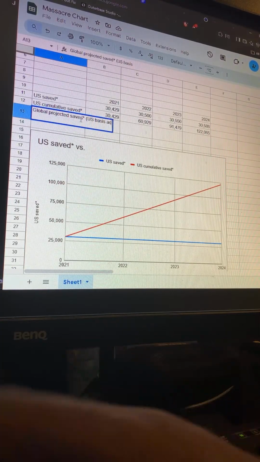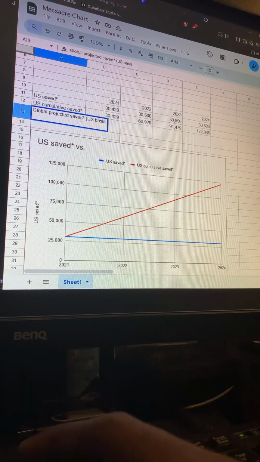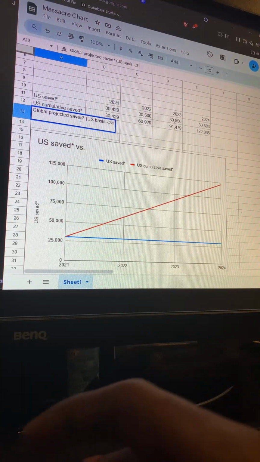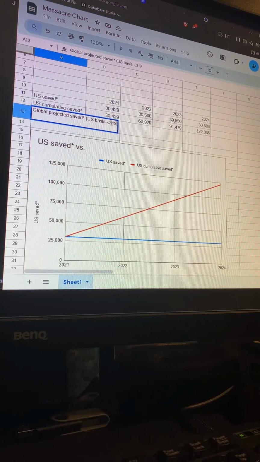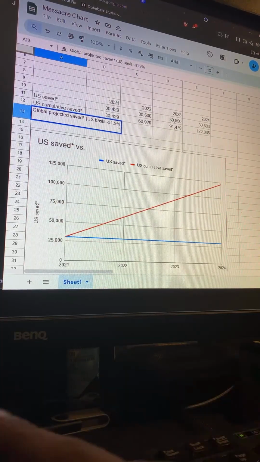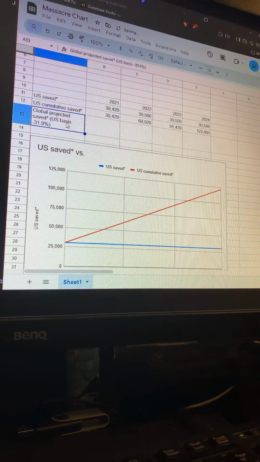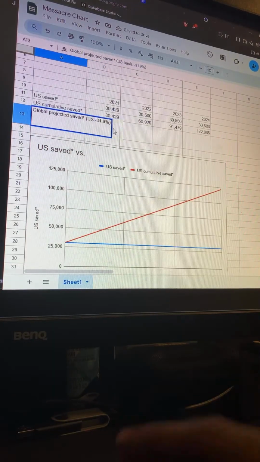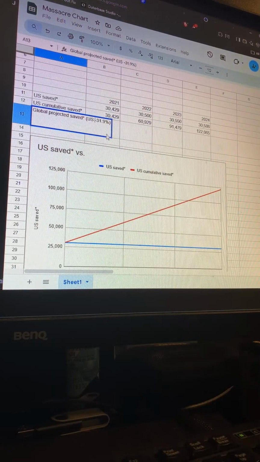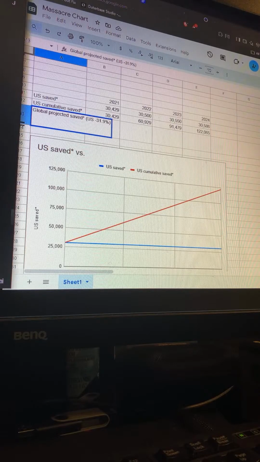US basis minus 0.319, minus 31.9%. I guess you could do 91 point.